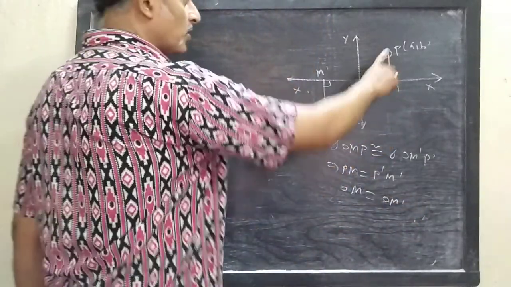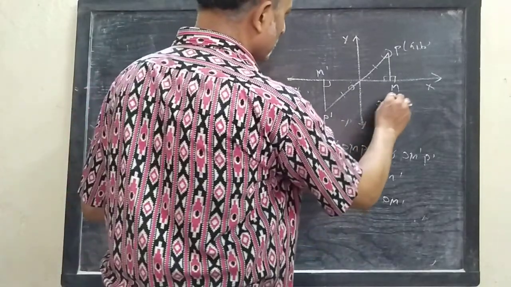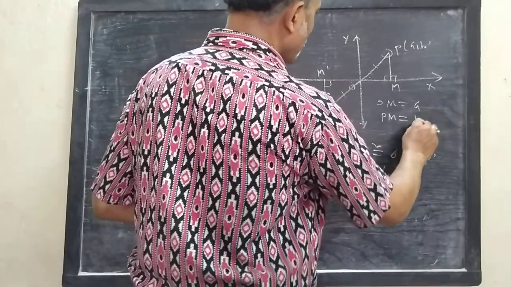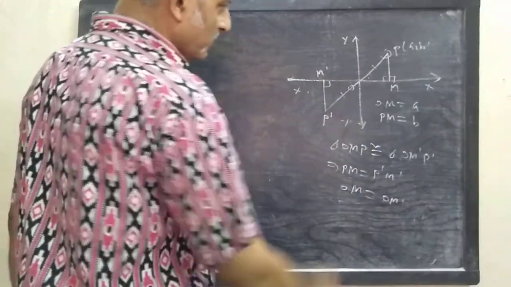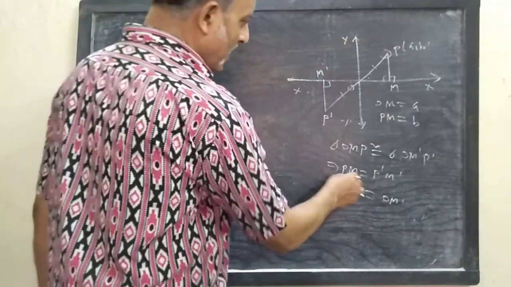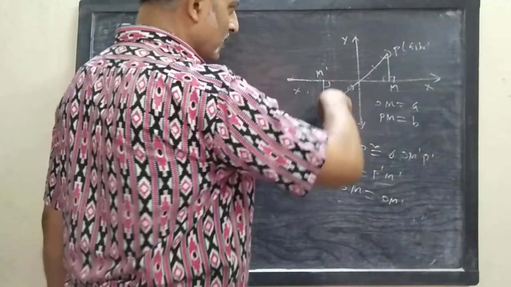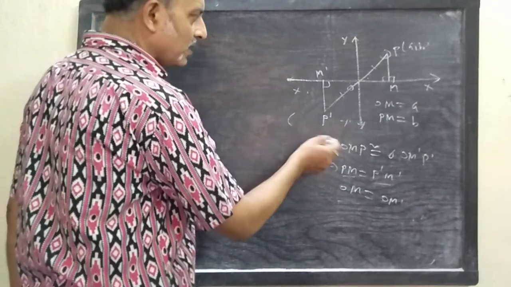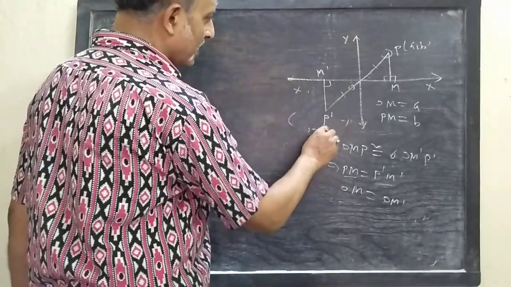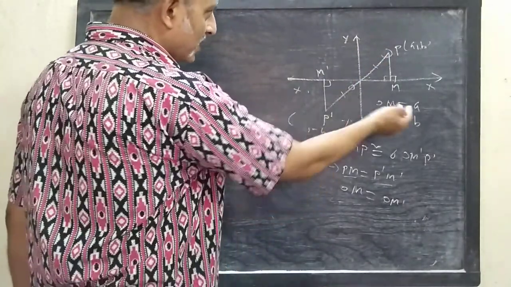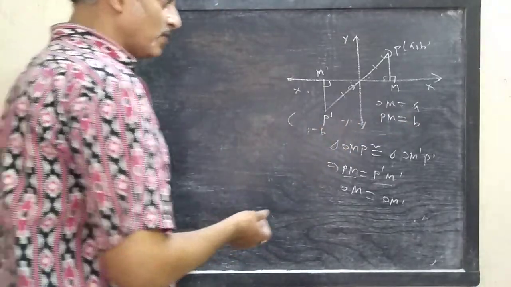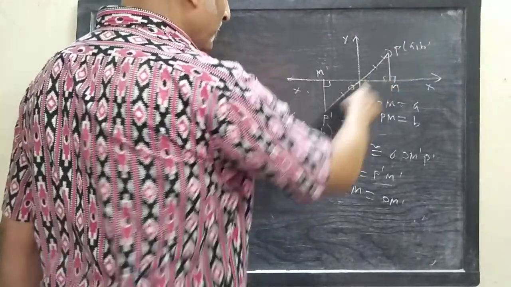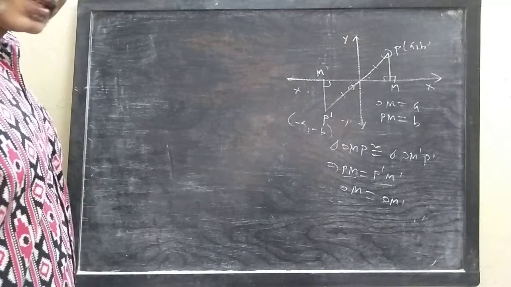Now look, coordinate of P is A comma B. That means your OM is A and PM is B. Now from this finding we see PM equals to P dash M dash. But P dash lies on the opposite side of x-axis, so its ordinate will be negative of P, that is this will be minus B. Similarly, the point P dash lies on the left side of y-axis, so its abscissa will also be negative of the previous one, that is minus A. So P becomes P dash minus A, minus B when it is reflected at the origin.